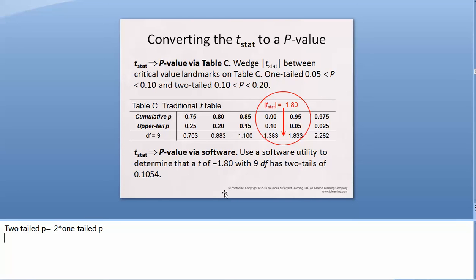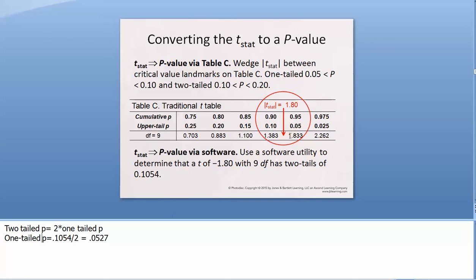So you will get a one-tailed p equals 0.1054 divided by 2, which is about 0.0527, right? About. Okay.